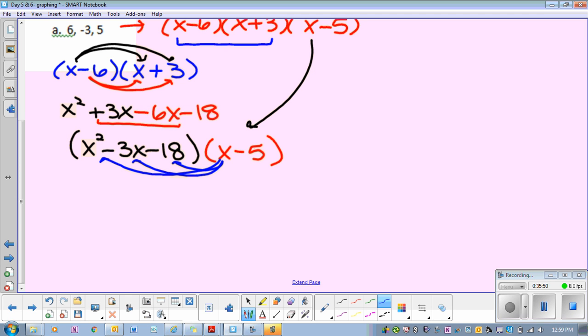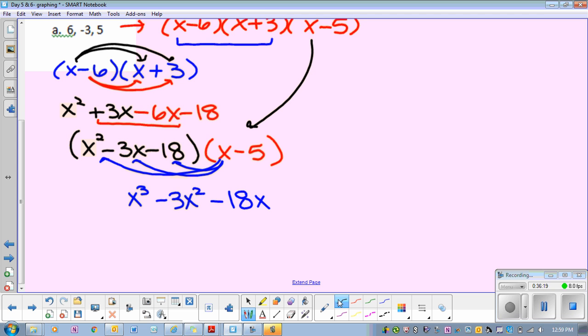I always start with the smaller one, a binomial, and distribute it to the bigger one, a trinomial. So x times x squared gives me x cubed. What is x times negative 3x? Negative 3x squared. What's x times negative 18? Negative 18x.